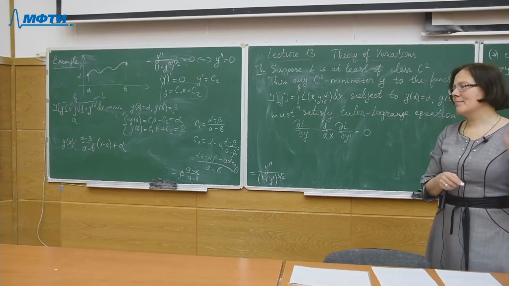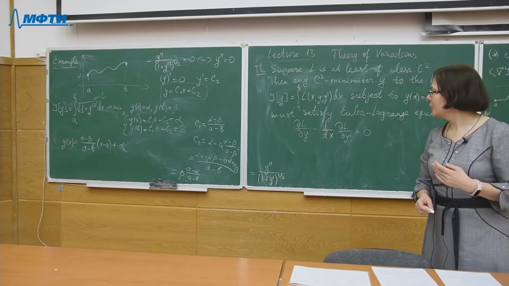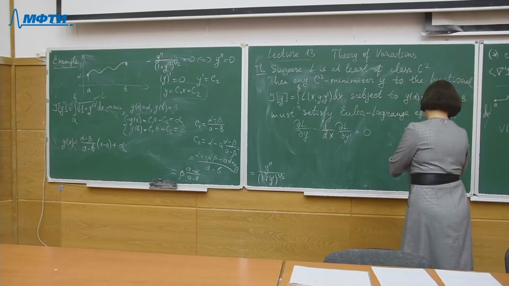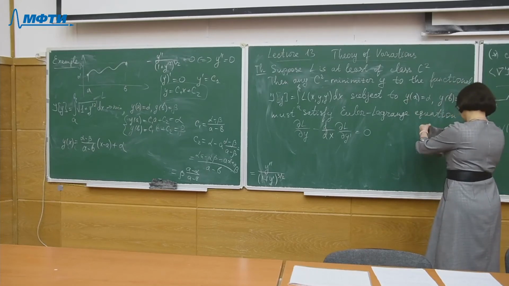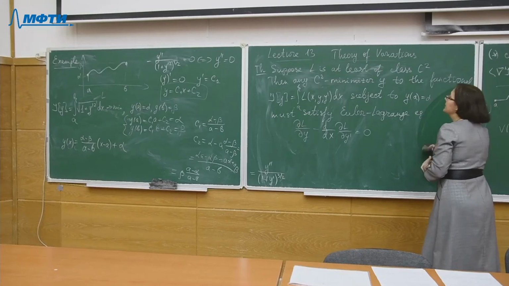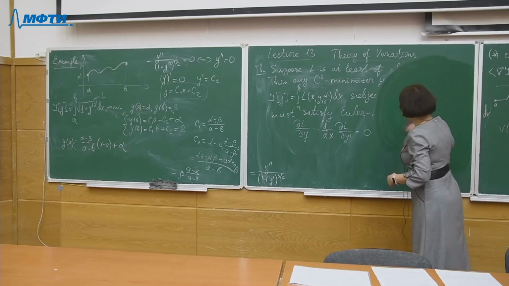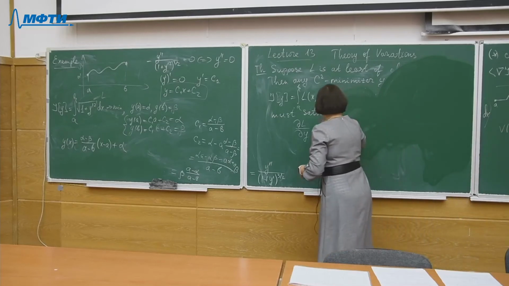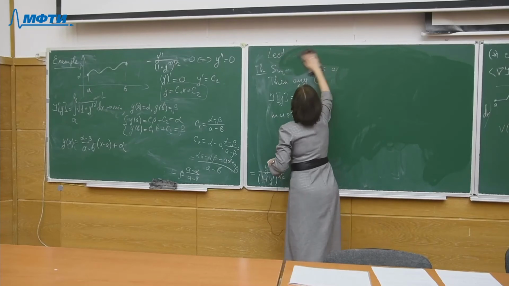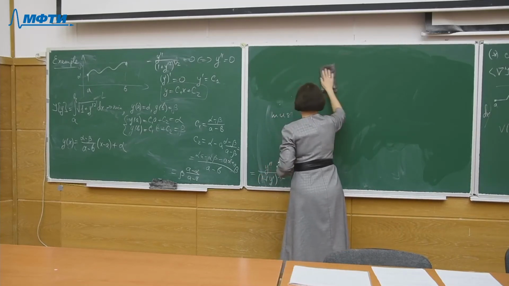It may be a minimizer, maximizer, or a saddle point. And usually we will do the following. So I will consider this task, and I will show you how to prove that it is actually a minimizer or a maximizer.